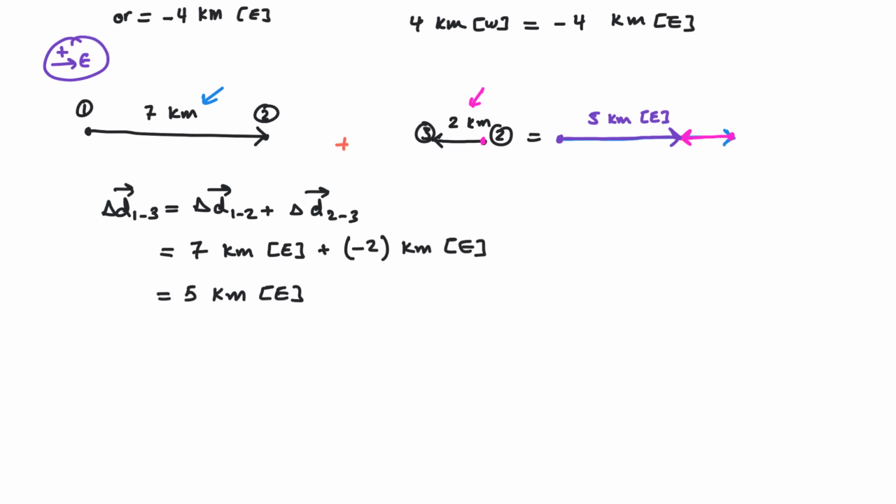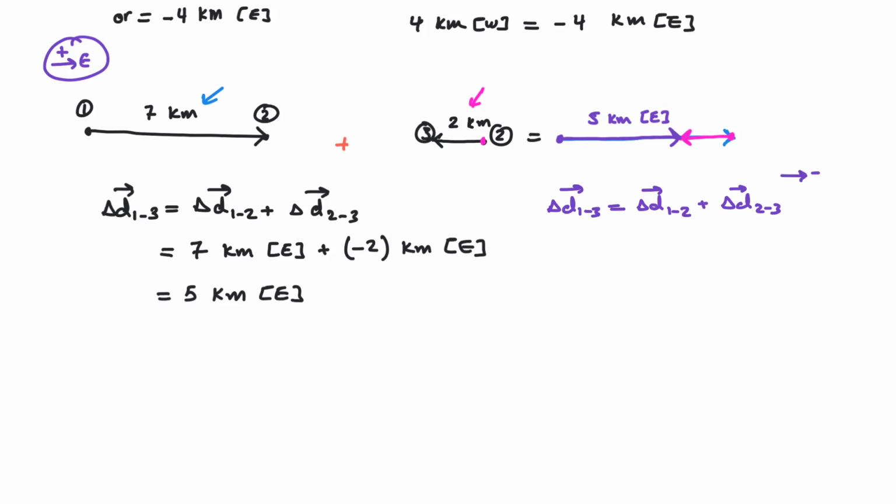So in order to simplify our lives a little bit, and as you get better and better, you can start using this method. In terms of the algebraic expressions, things don't change. We still have the total change in position from 1 to 3 equal to the change in position from 1 to 2 plus the change in position from 2 to 3. What does change is you are going to define a direction to be positive.